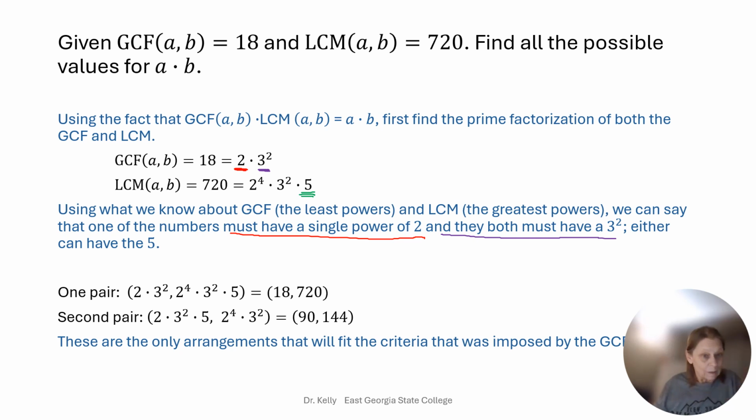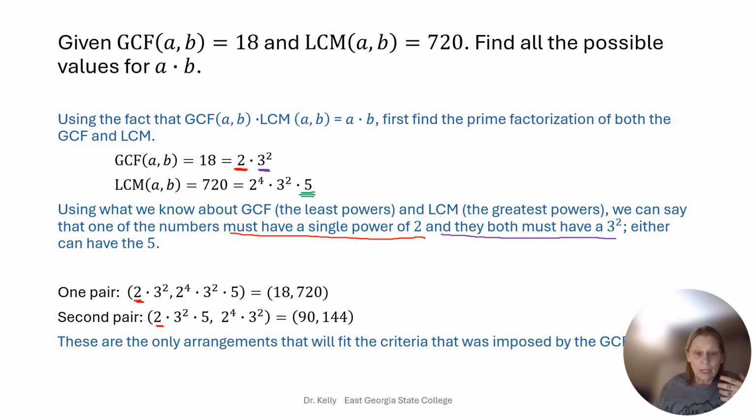So, I know this might feel a little bit confusing. So I'm going to try to, sorry, I was losing my papers there. I'm going to try to clear it up. So we have a couple of situations here. We have to have a single power of 2 in one of the numbers. And since the 5 can go with either one, we're going to have 2 different situations.